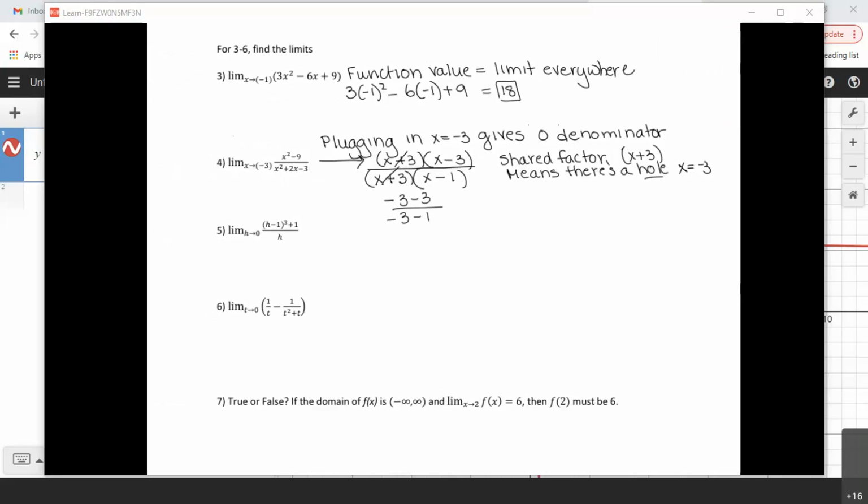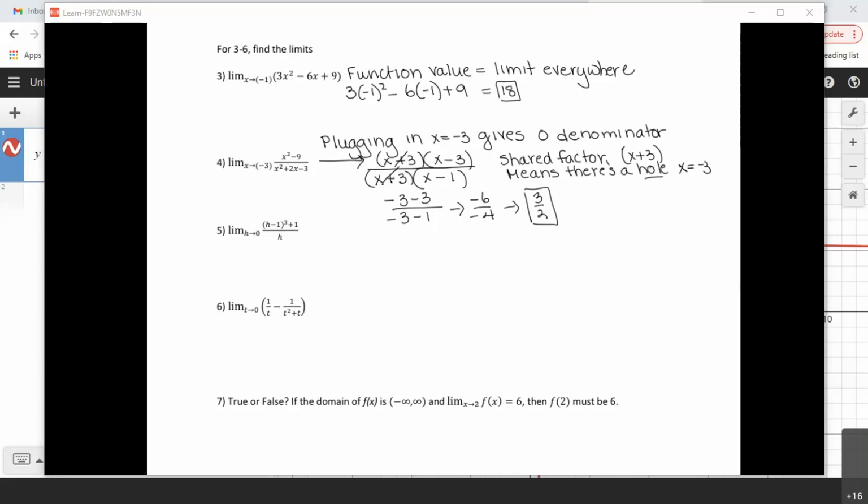So plug in the negative 3, the x value I'm approaching, for x, and see what's left. This gives me negative 6 over negative 4, which, since numerator and denominator are both negative, negative divided by negative is a positive, factor out a 2, 3/2.